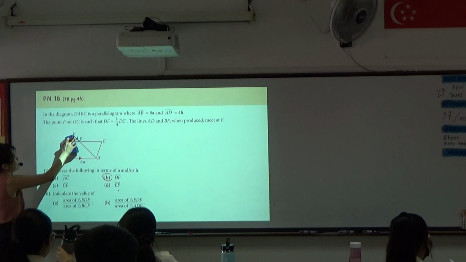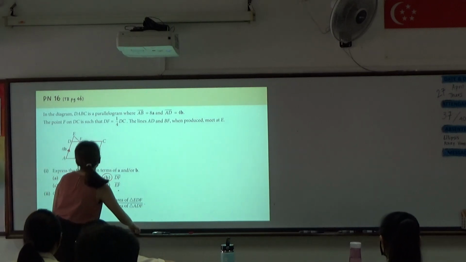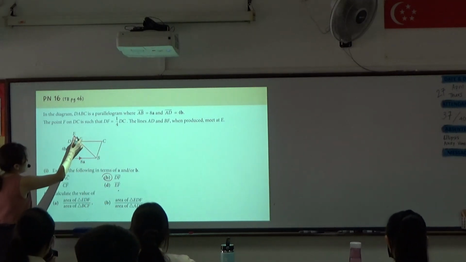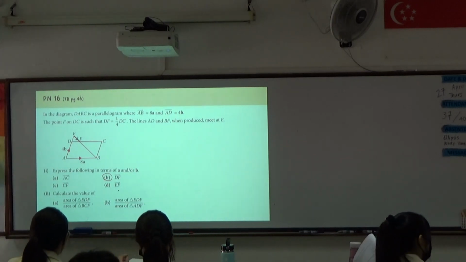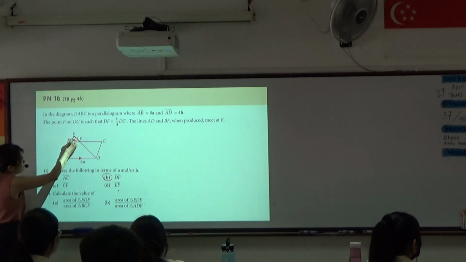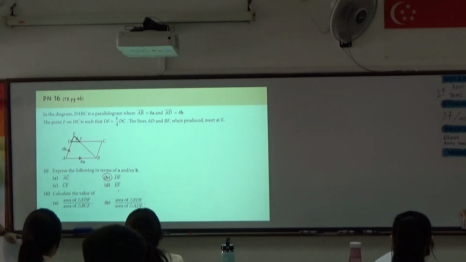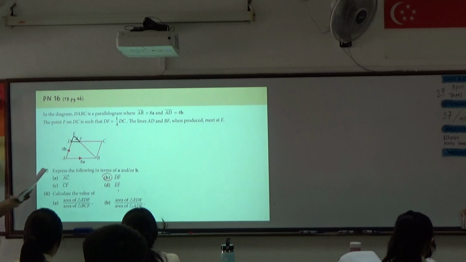Okay, so the other technique in terms of solving our vectors is to make use of similar figures. Okay, so we need to first realize that triangle EDF, this triangle here, is actually similar to triangle BCF.